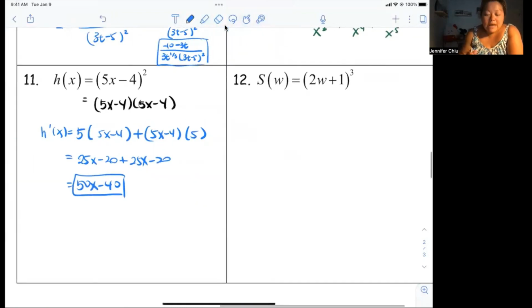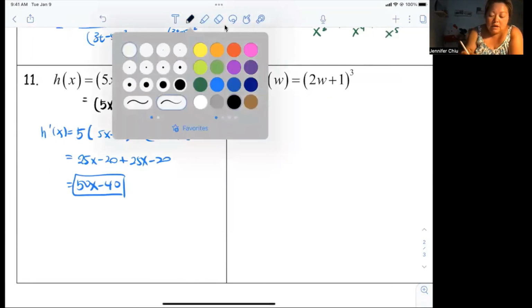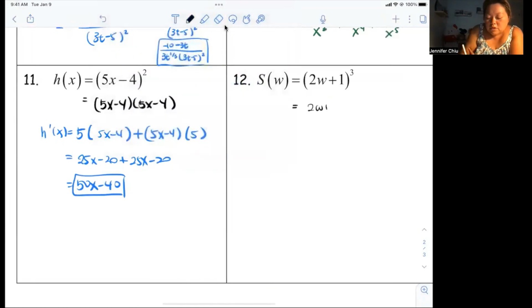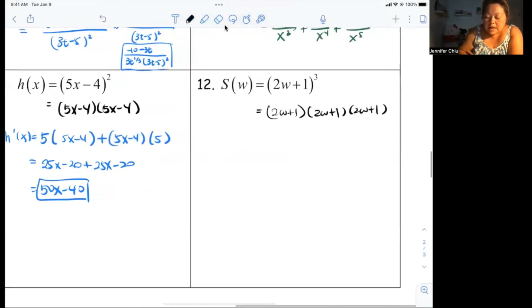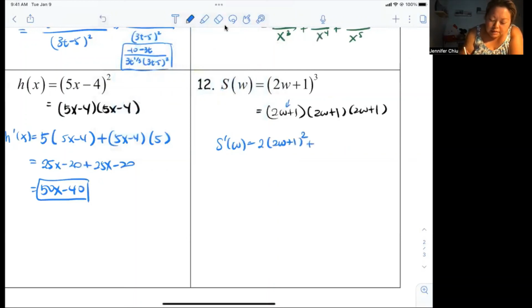So you would do the exact same thing for the next one because you're now cubing this function. So if you treat it like 2w plus 1, 2w plus 1, 2w plus 1, right? Now, when you take the derivative, s prime of w, you take the derivative of the first, so that's 2, times 2w plus 1, there's 2 of them, so squared, right? Now, same thing. I'm going to take the derivative of that.